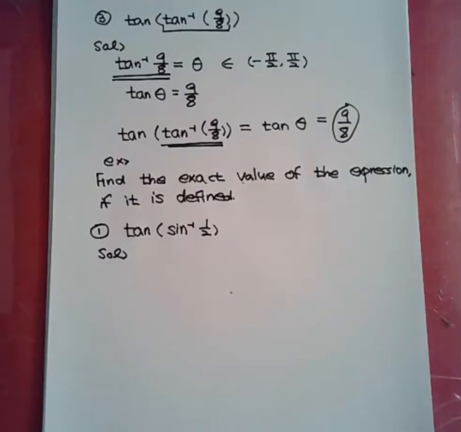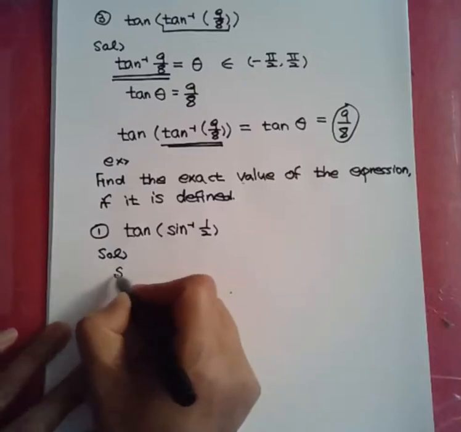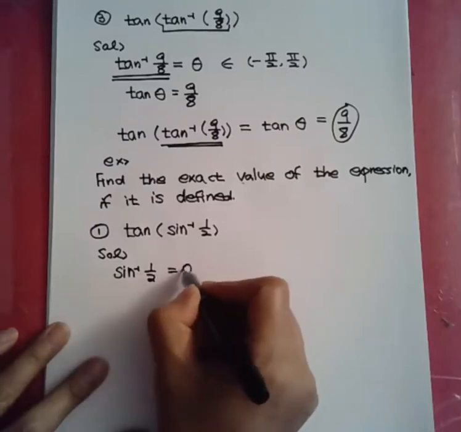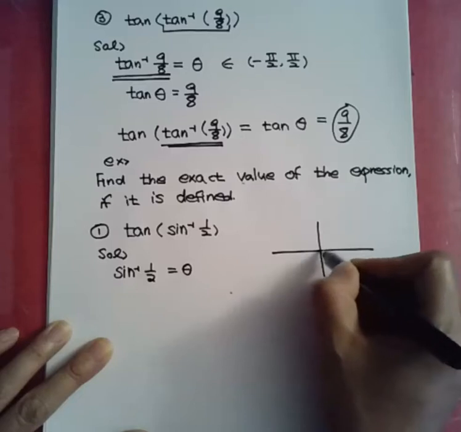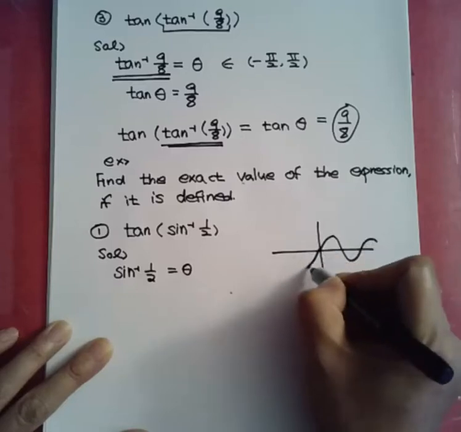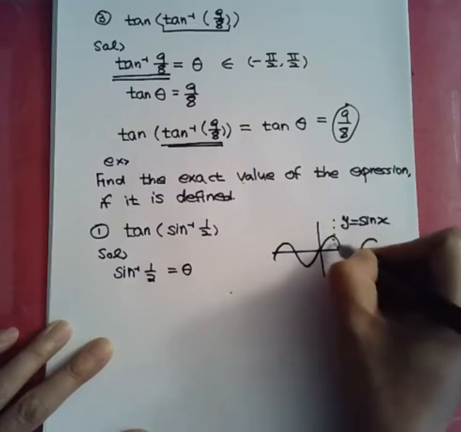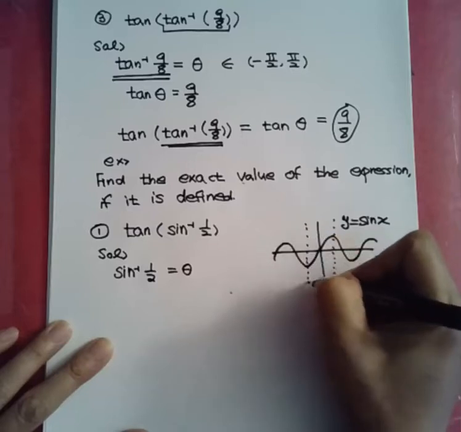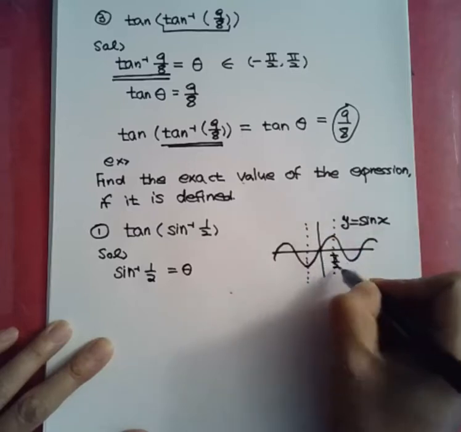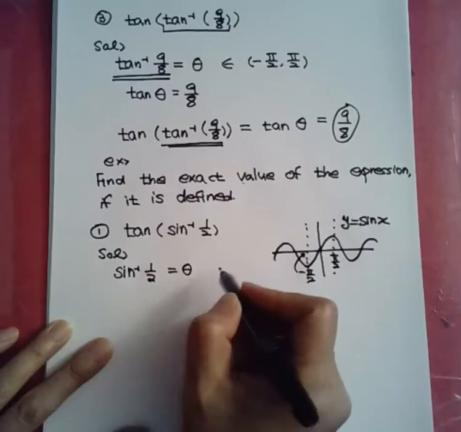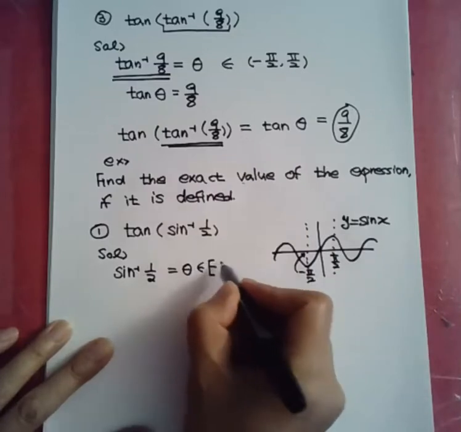In this kind of problem, we are using a geometric method to get the tangent function. Sine inverse of 1/2 equals theta. We think about the graph of the sine function, and we limited ourselves to the region where sine was one-to-one, that was minus pi over 2 to pi over 2.